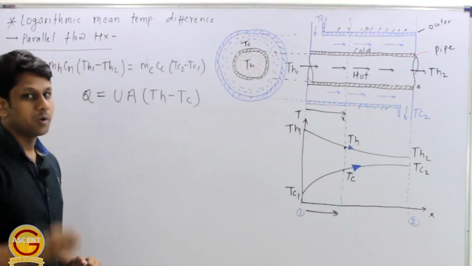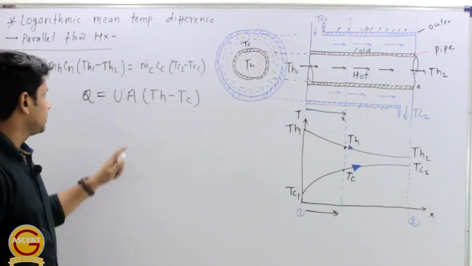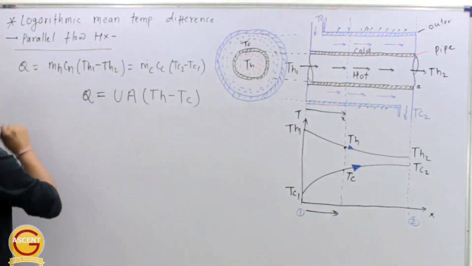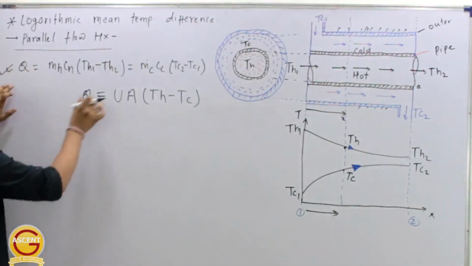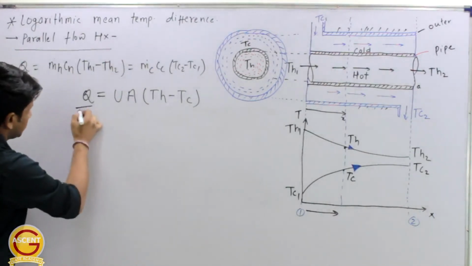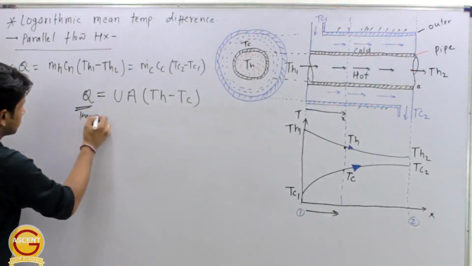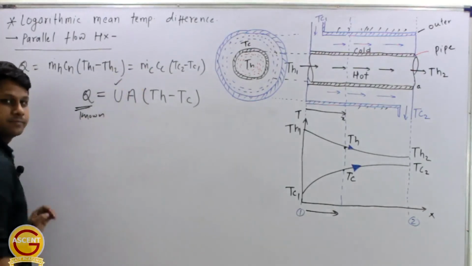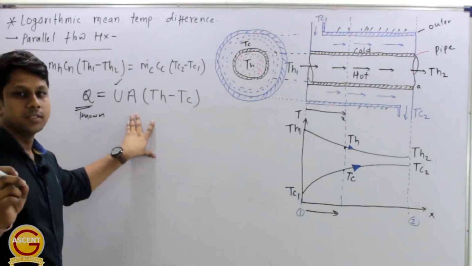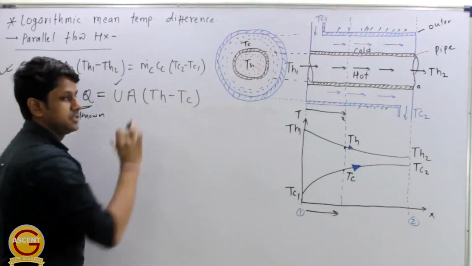So now the problem is, if he has given you the overall heat transfer coefficient, you know the heat transfer from this equation, so you have calculated the heat transfer. This quantity is known to you. This U he has given. Area you have to calculate. Now your concern is this TH minus TC.